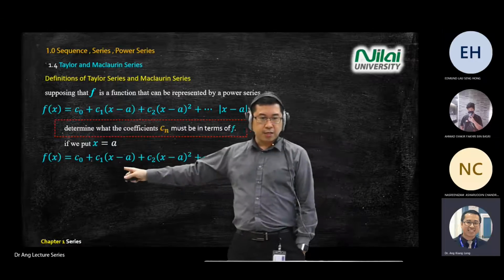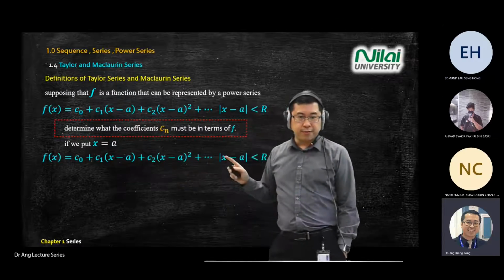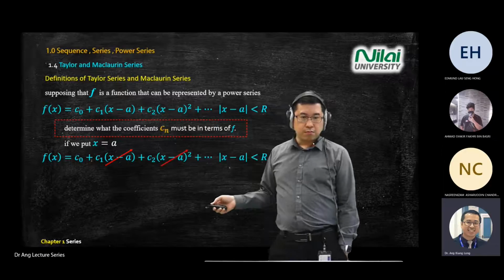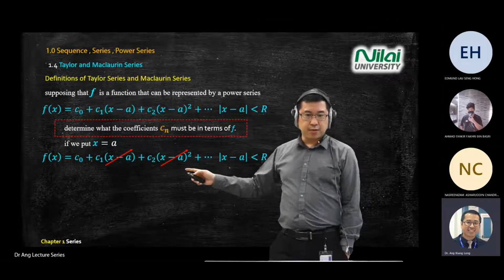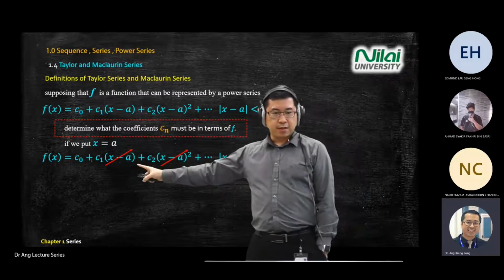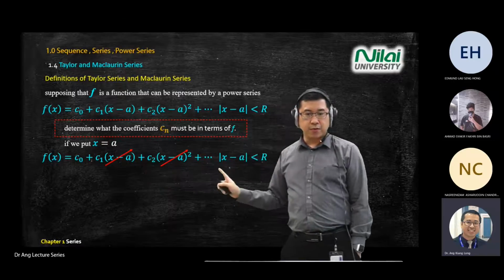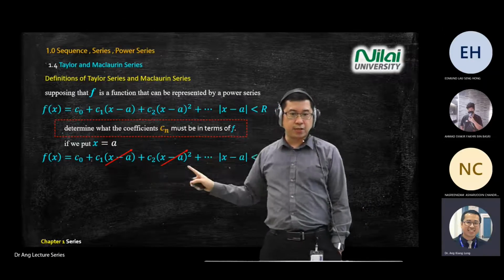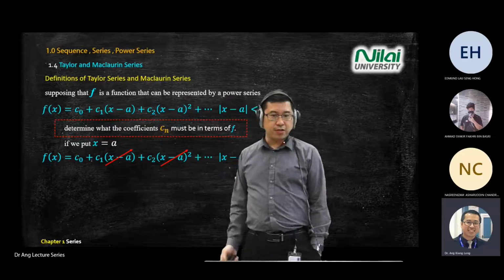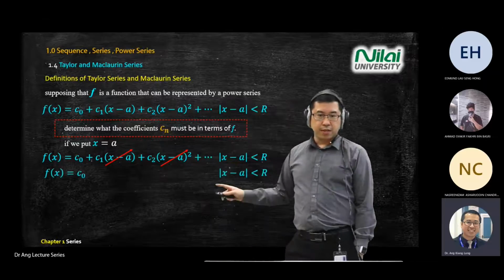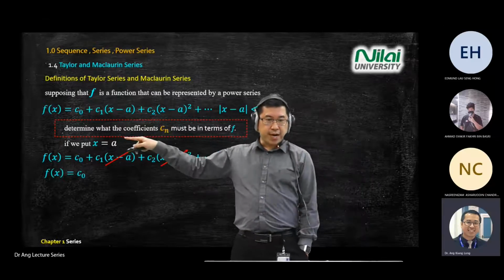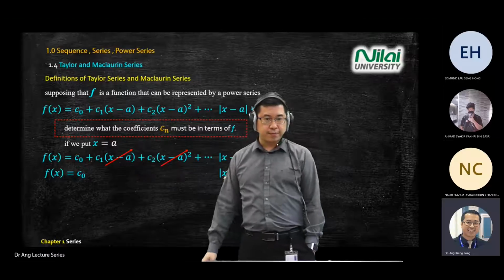Like what I explained just now, you can cancel the second term onwards because they become 0, and you arrive at C sub 0 if you replace x equal to a in the equation.